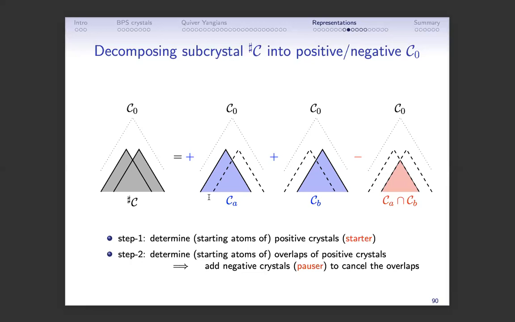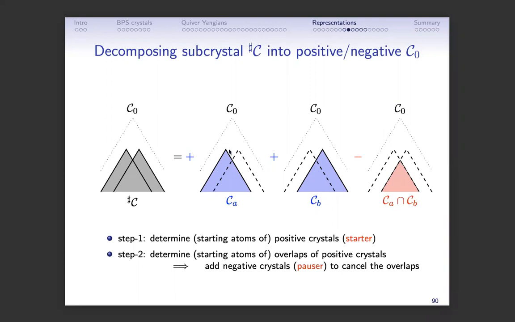Then you let these two positive crystals grow, and then they will intersect. When they intersect, there will be an overlap, and you don't want to overcount. So you want to add some negative crystal to kill off this overlap. These will be called negative crystals.